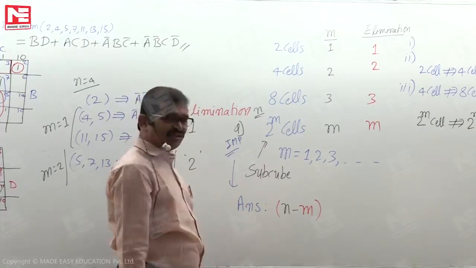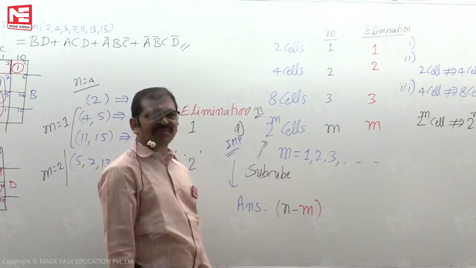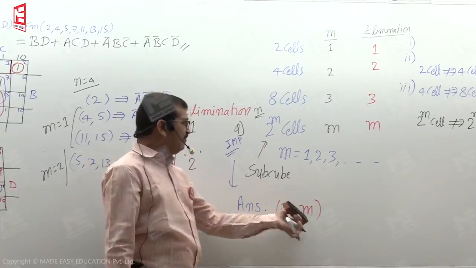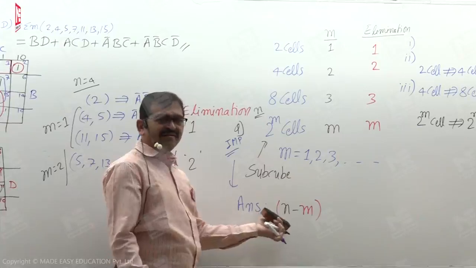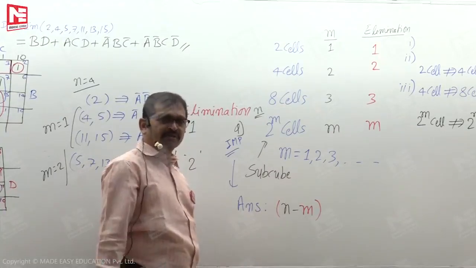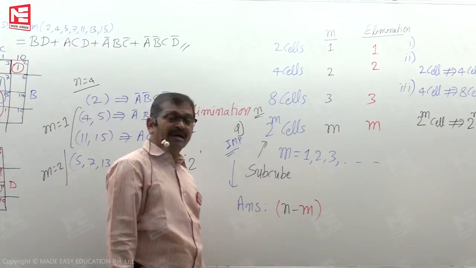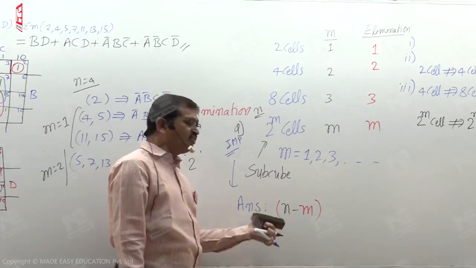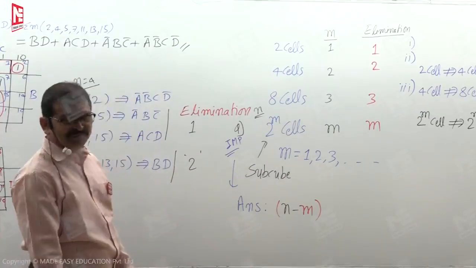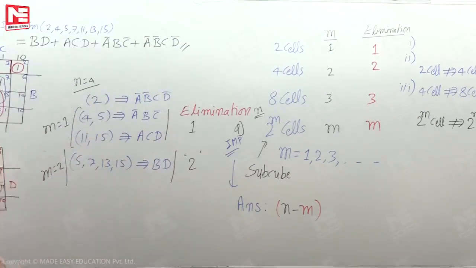So the answer to this question is n minus m. After eliminating m variables from n, the remaining variables must be present, so the product must be represented with n minus m literals. Hence, the answer to the question is n minus m.